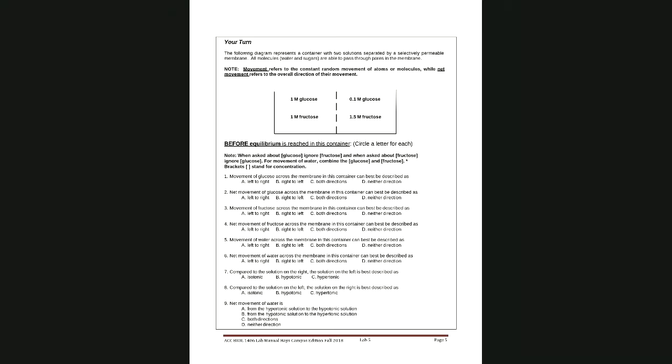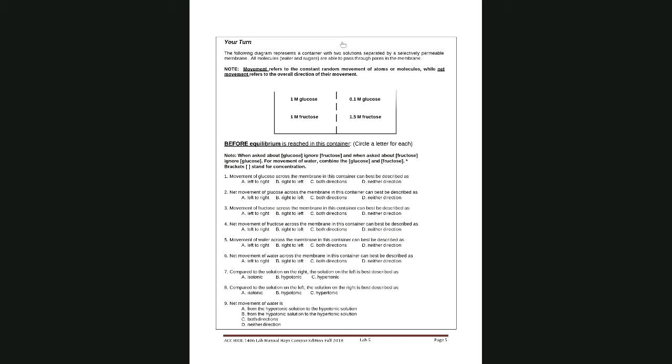One of the pre-labs on here, I don't know if it's page 4 or 5, gives you the polarity of, I believe, glucose and fructose on 2 sides of a semi-permeable membrane. The questions are basically: is there movement of glucose, movement of fructose, or movement of water across the semi-permeable membrane?